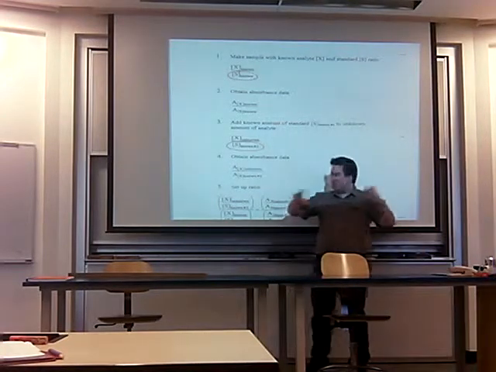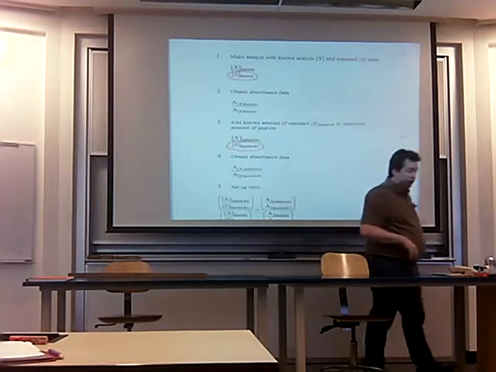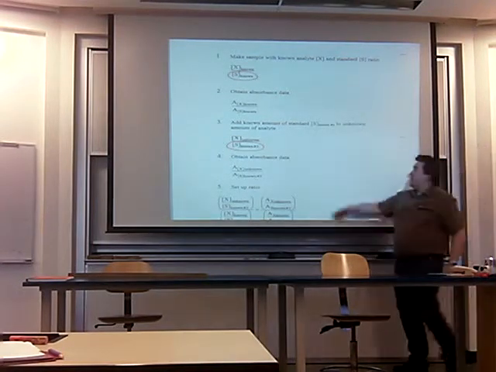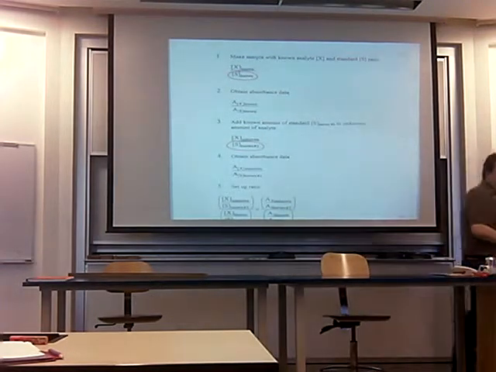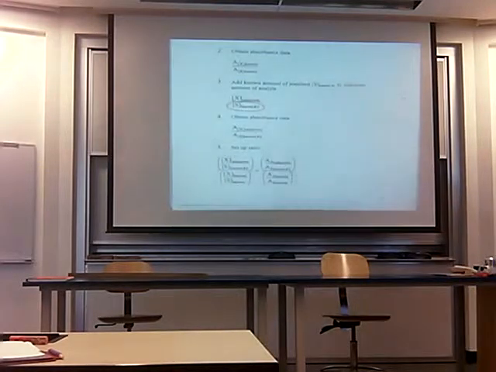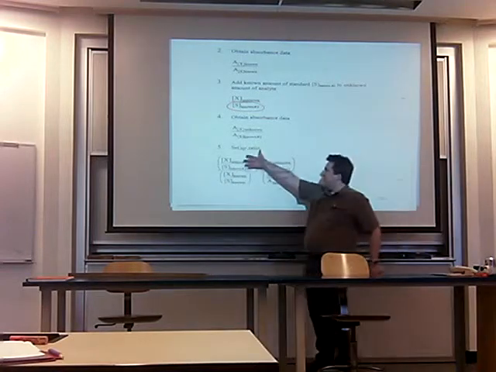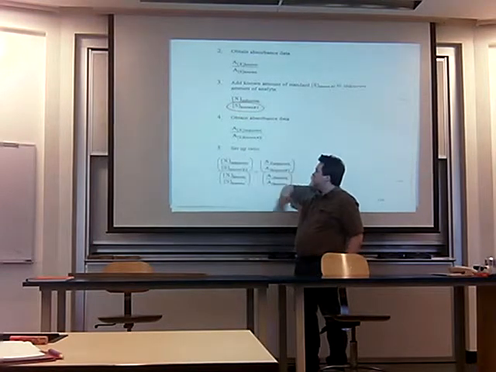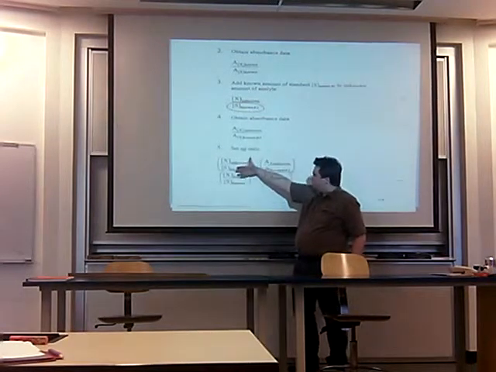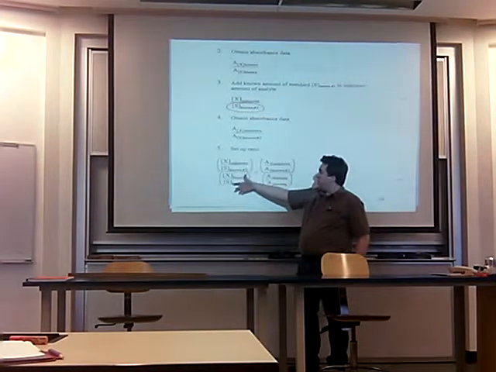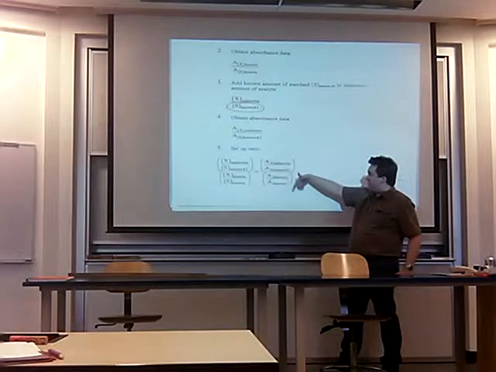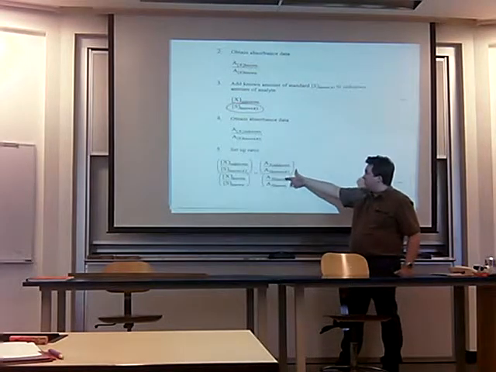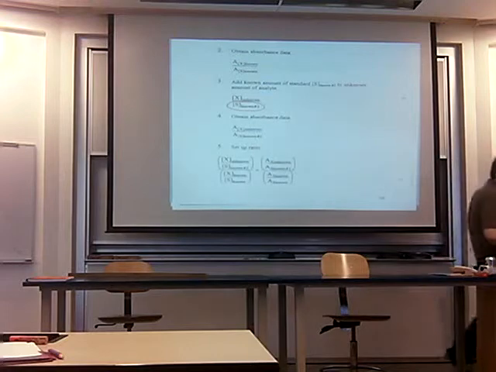You then go through all of your processes, all of your cleanups and your reactions and everything else that happens. You then measure the absorbance of the unknown and the absorbance of the standard. And we then set up a ratio: the unknown amount of analyte over its standard, over the known amount over its standard, is equal to the absorbance of the unknown over the standard absorbance, over the absorbance of the known over the absorbance of the standard.